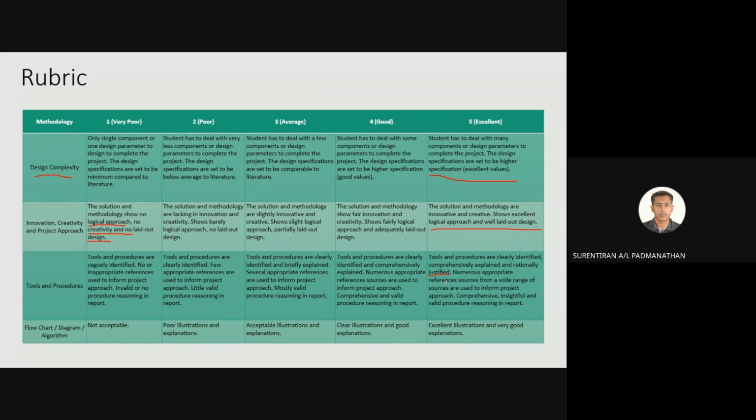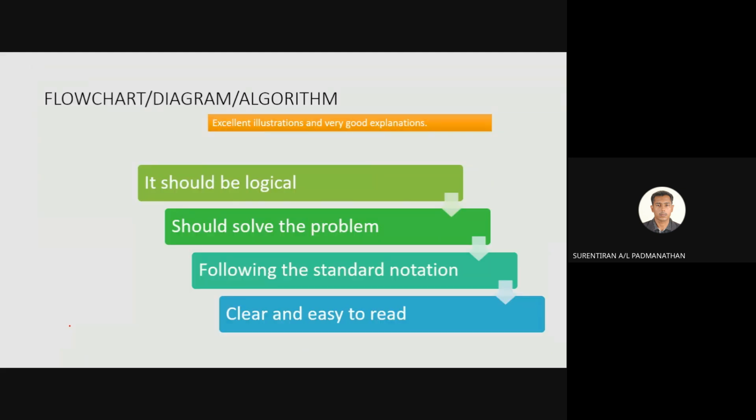If you're coming out with new methods, you have to theoretically prove that your method is correct. That's what you have to make sure, so that's considered excellent. Numerous appropriate reference sources from a wide range of sources are used to inform the project approach.